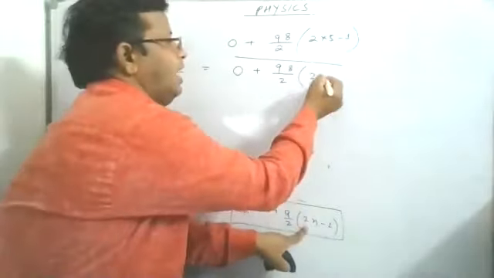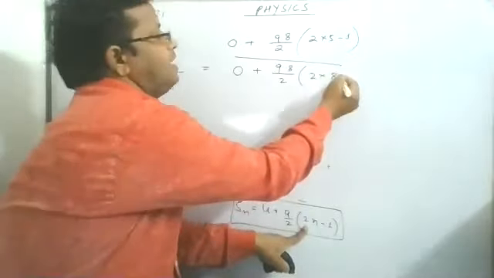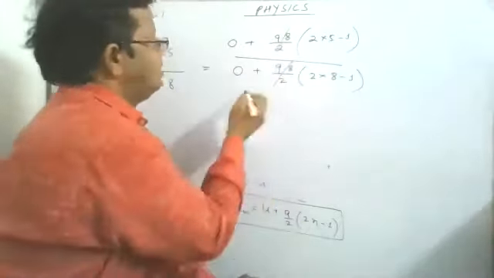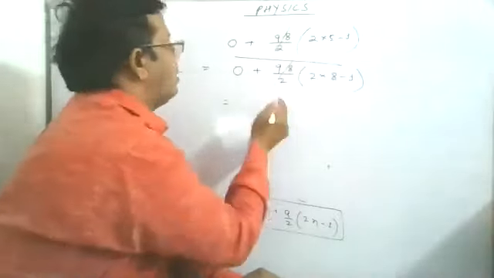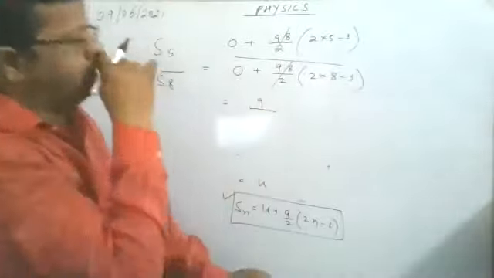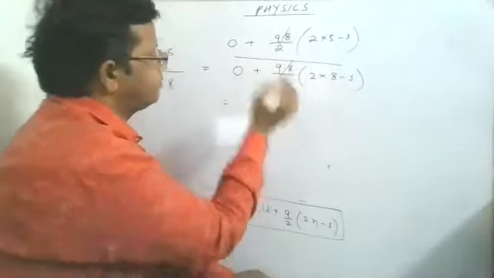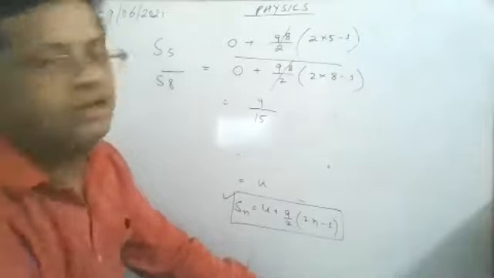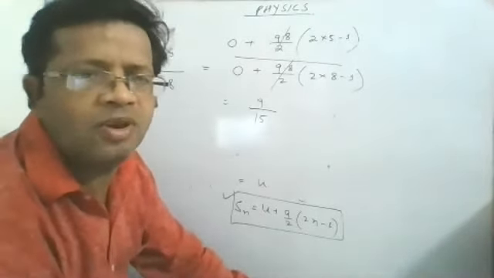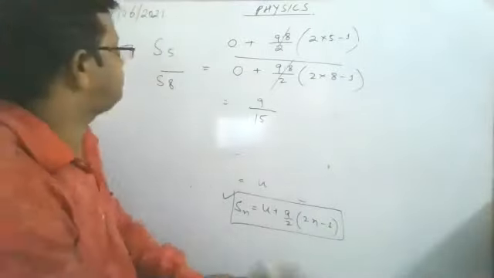Now 2n, where n is 8, minus 1. So the answer will be 10 minus 1, 9. 16 minus 1, 15. Like this, 9 is to 15. This ratio of distance will be 9 is to 15.